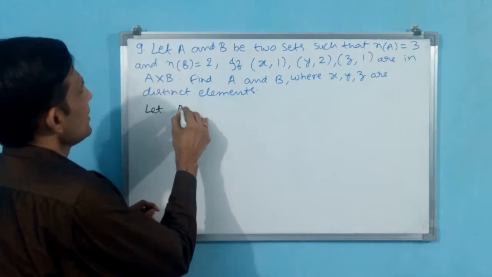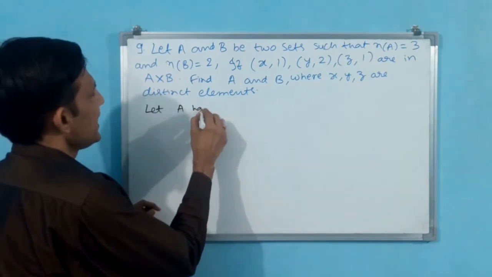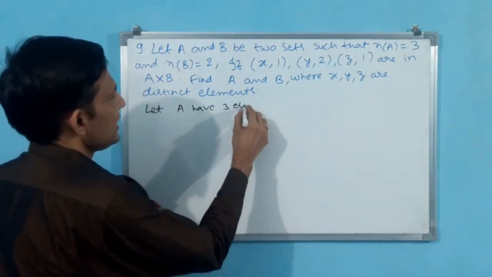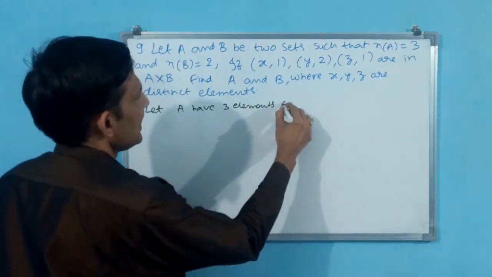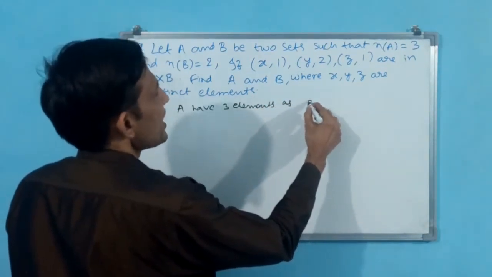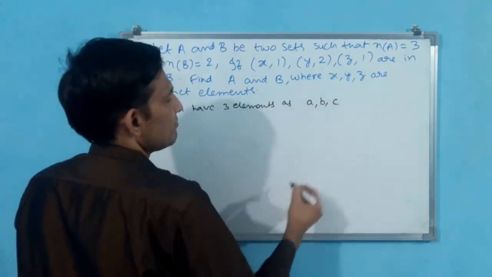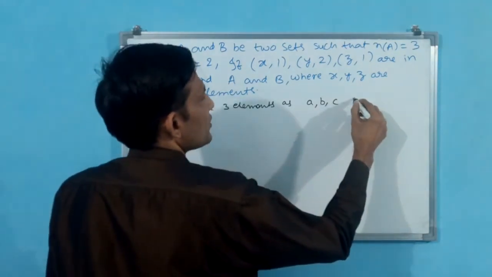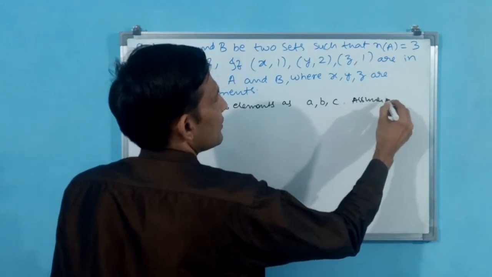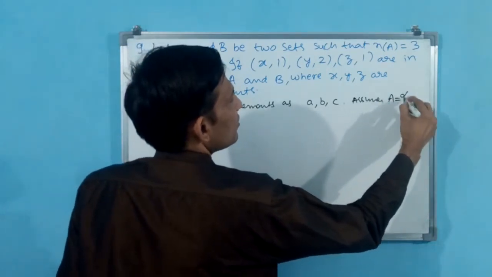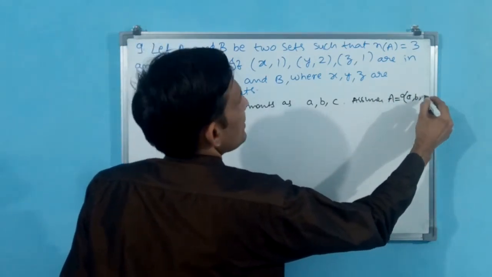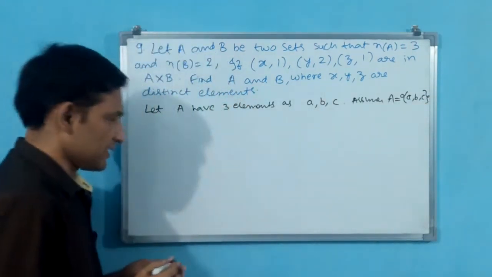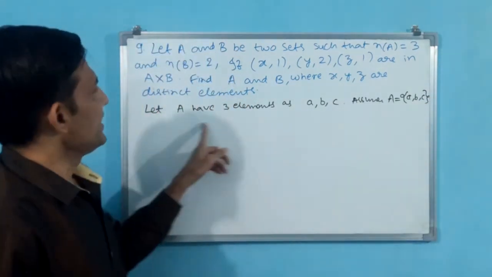Let A have 3 elements, say a, b, c. Assume A is equal to {a, b, c}. Like this you write first.